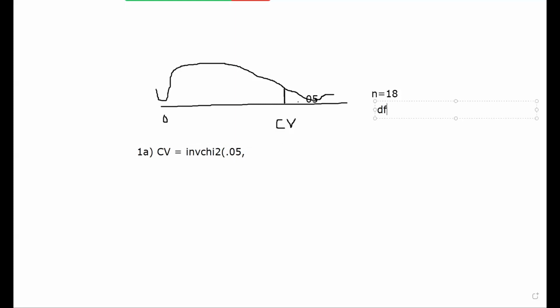So df here is equal to n minus 1, which is 17. Very good.